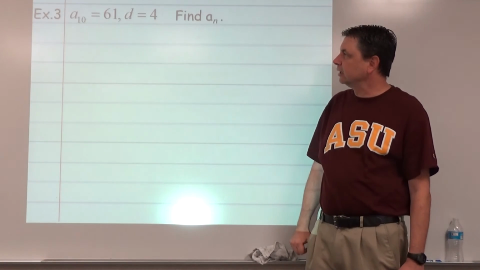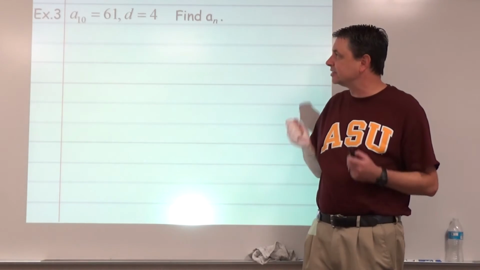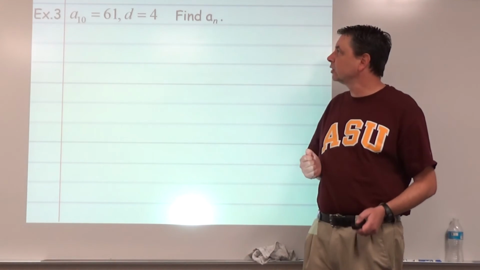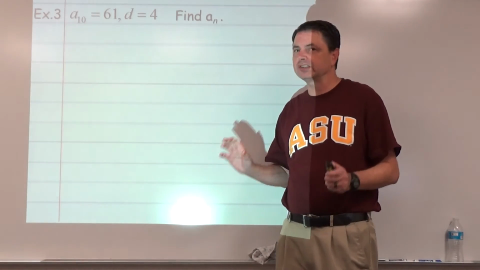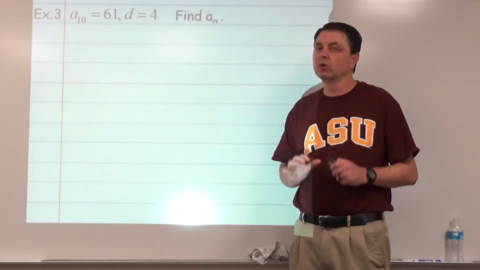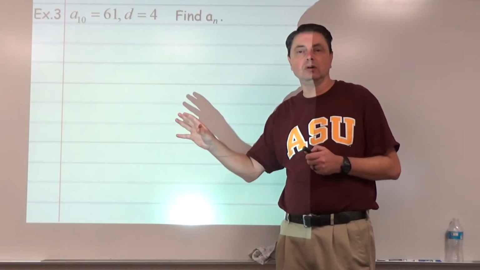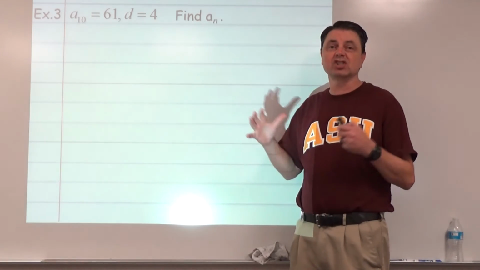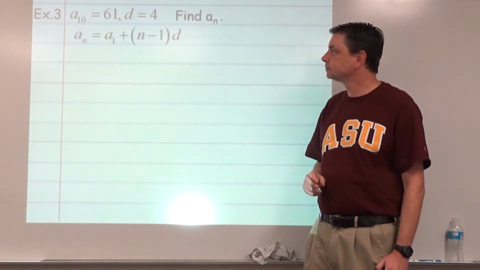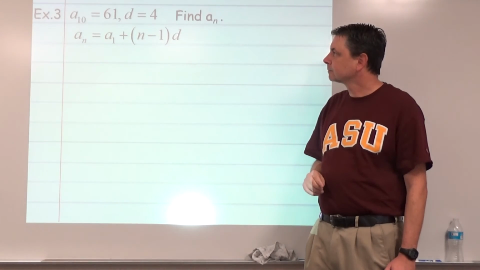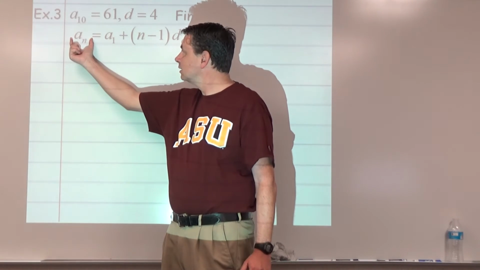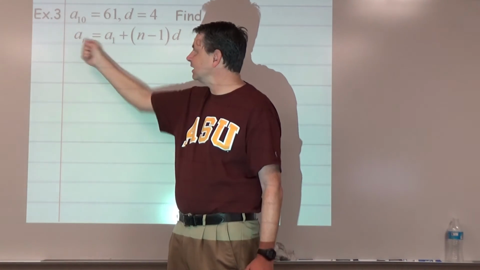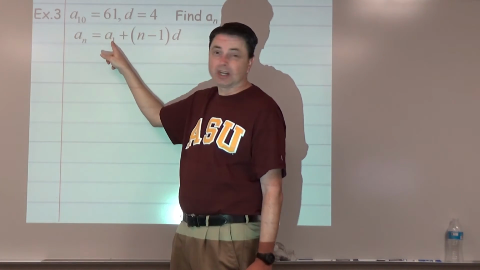Example number 3. We know the 10th term is 61, and we know the common difference. Find a sub n. So always starts with the formula. We're going to substitute for what we know. We're going to solve for what we don't. It's just a big algebra problem. So what we know is a sub 10, and that's going to go here. A sub 10 equals first term, we don't know that.